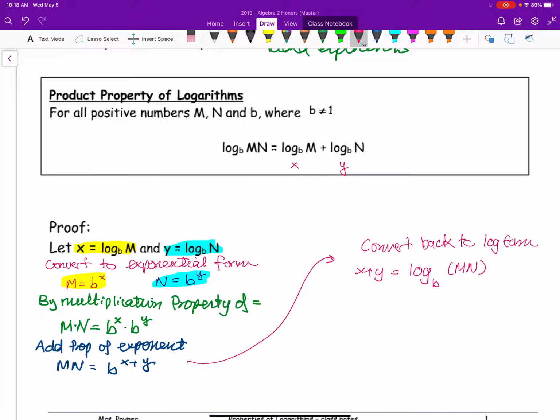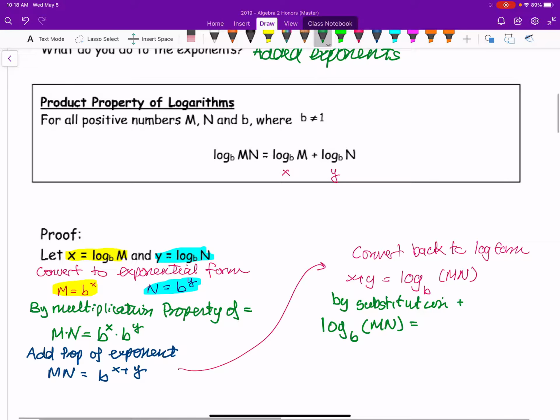And then we're going to use substitution. By substitution, I can say that log base b of m times n, and if you want to be technical, I'm also using the reflexive property of equality, because I'm switching it to the other side of the equal sign.